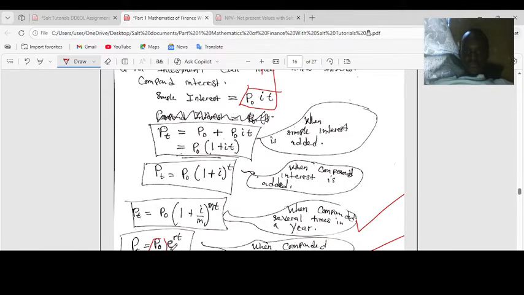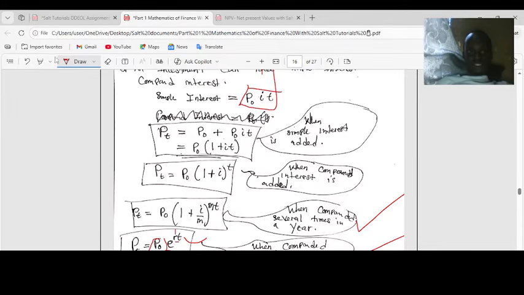E is the Euler number, approximately 2.718. Even on the calculator you'll be able to find it. Just like pi is 3.142, this one is also an irrational number represented by 2.718. This E is not just a variable, it is a number. RT is the power, which is time multiplied by the interest rate. So this is a summary of the compound interest.